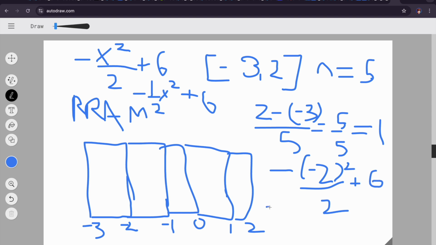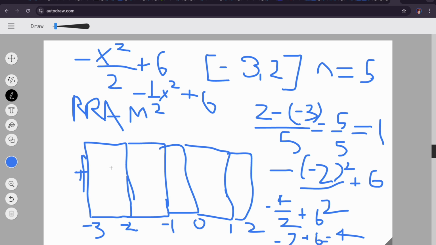So oh, I did that again. Oh, sorry. -4 over 2 plus 6. -4 over 2 is -2 plus 6 equals 4. Oops. So 4 is our intended height for this rectangle here.